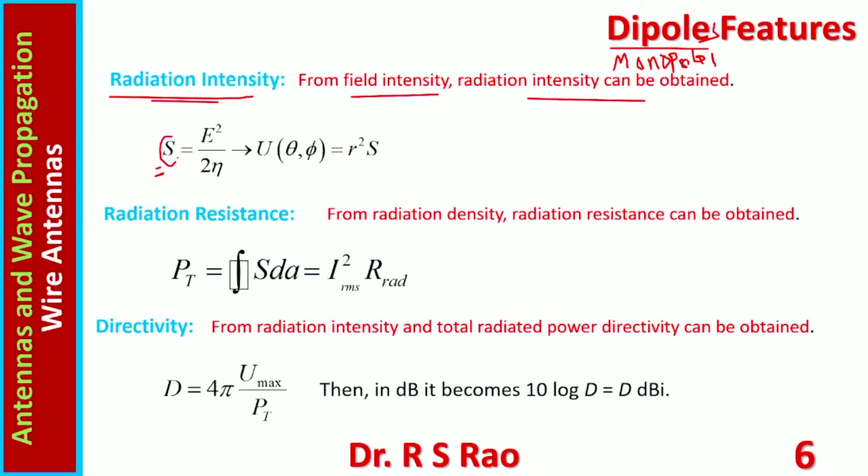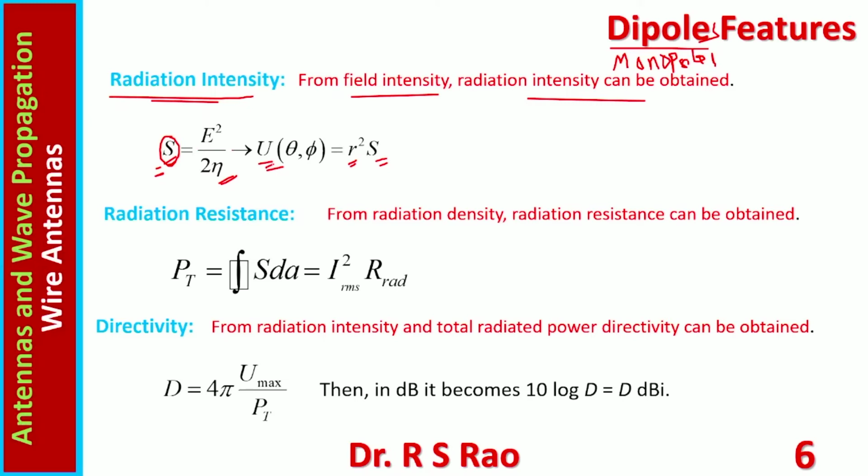S is power density, U is radiation intensity. E is available. Substitution of the expression for E gives us S, the power density, power crossing unit cross-sectional area. Eta is the intrinsic impedance, 120 pi. Power density multiplied by R square, R being the radial distance, gives us radiation intensity.